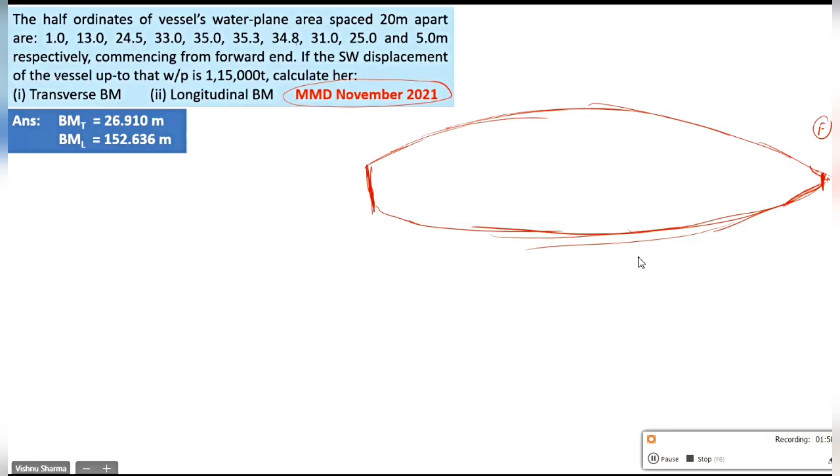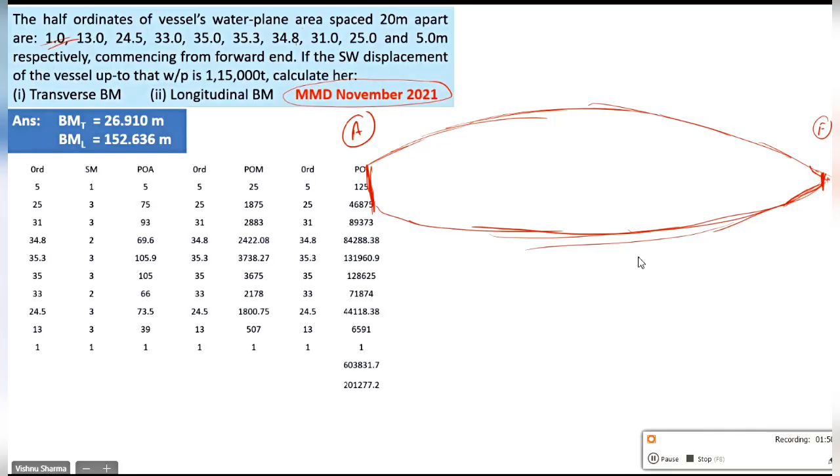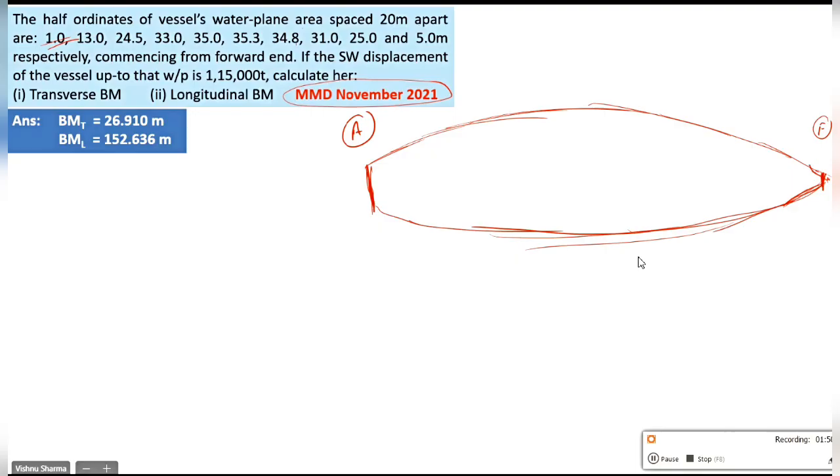At aft end, it is slightly more. It's 5 meters. So this is aft. If it was 0 here, I'd make the ends meet. Now there are total 10, so I'll mark the 10 ordinates. 1, 2, 3, 4, 5, 6, 7, 8, 9, and 10.